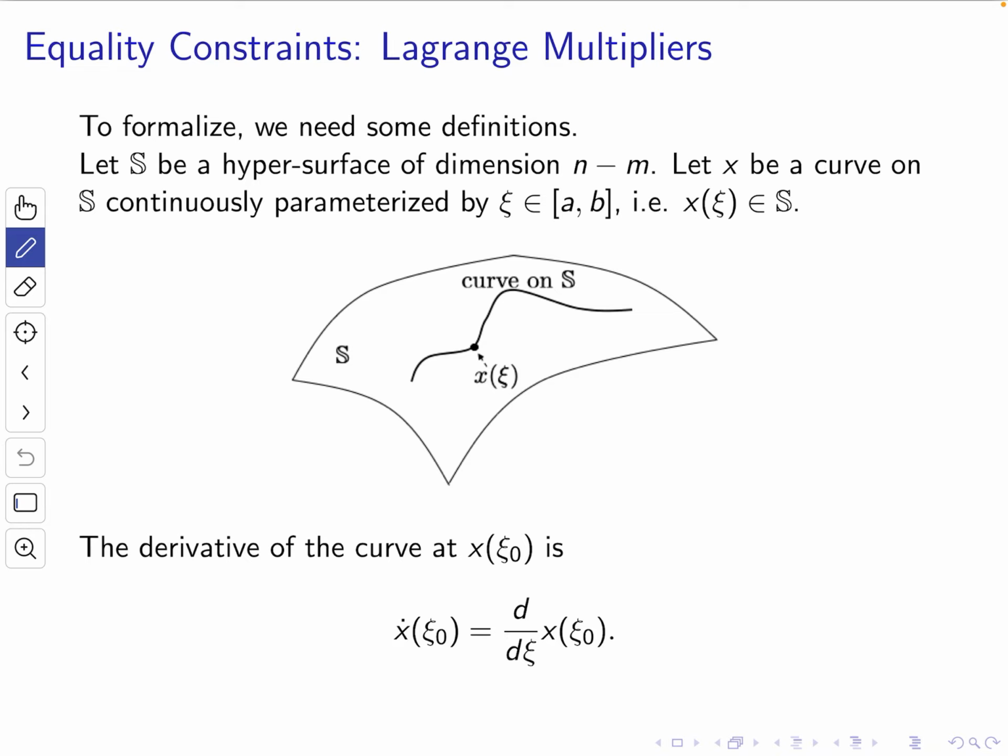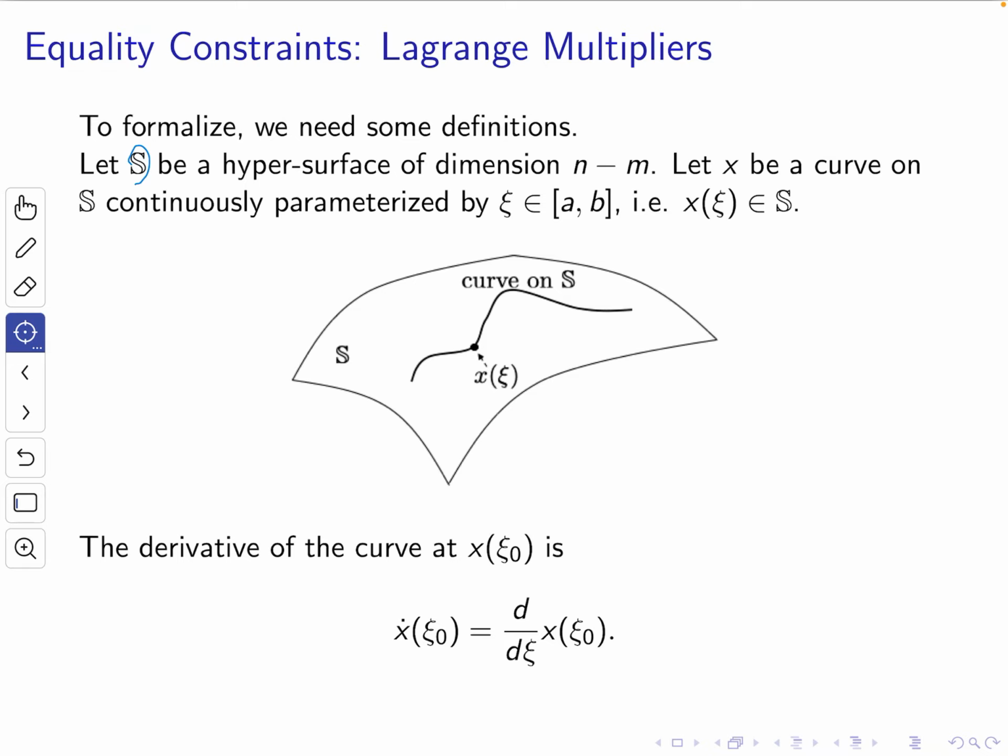Okay, so we need to have some definitions and formalize things a little bit so that we can talk about these problems correctly. So let's let S be our hypersurface. So that's this surface, let's say, is S, and it has dimension n minus m. And now you think of a curve on this hypersurface.